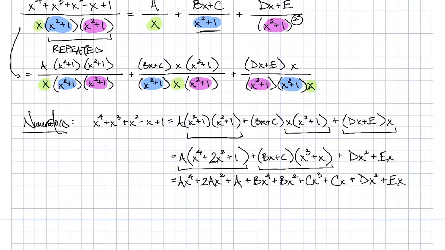Whew. Okay, so we've got now the fully expanded right-hand numerator, and we've set it equal to the left-hand numerator. And so anytime we have repeated factors, and especially if we have quadratic factors, it's probably better to set up a system of equations rather than pick some nice numbers.